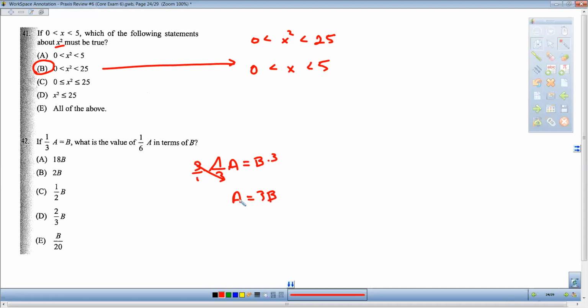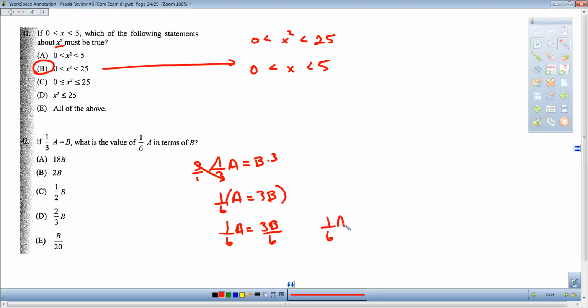So if I wanted to take 1/6 of A, or multiply the entire piece by 1/6, so I'm going to get 1/6 of A is equal to 3B times 1/6, and 3/6 is equal to 1/2.